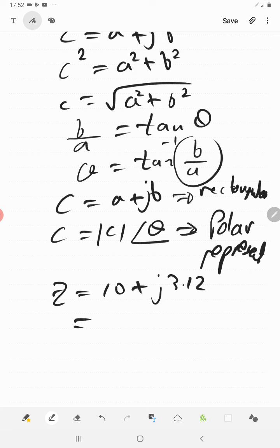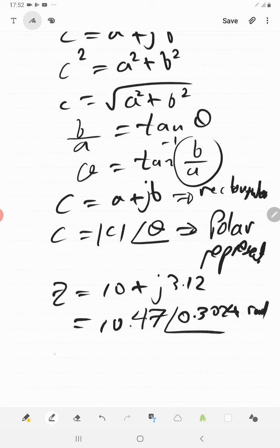You can go to MATLAB and find the absolute value of Z. It will give you directly approximately 10.47, and the angle will be 0.3024 radians, because MATLAB gives the angle in radians.